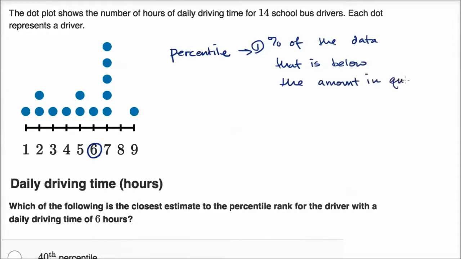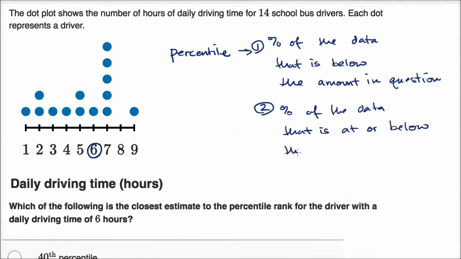The other possibility is the percent of the data that is at or below the amount in question. So if we look at this right over here, let's figure out what percentage of the data points are below 6 hours per day.